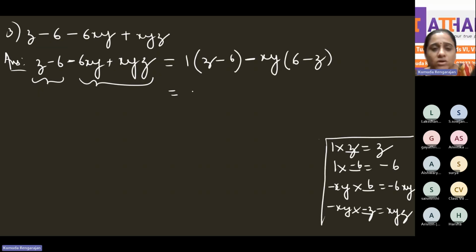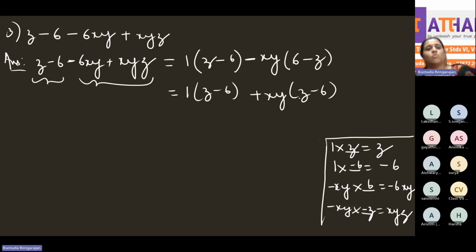Now see here, I want to write 1 into z minus 6. The 6 minus z, I want to write as z minus 6, like writing A minus B as B minus A. What should I do? I should take a minus outside. If I take a minus outside, this minus into minus will become plus. There's a minus already here, so minus into minus becomes plus.